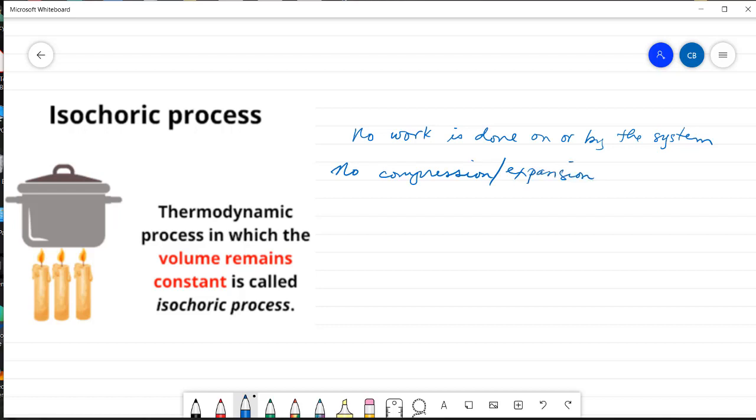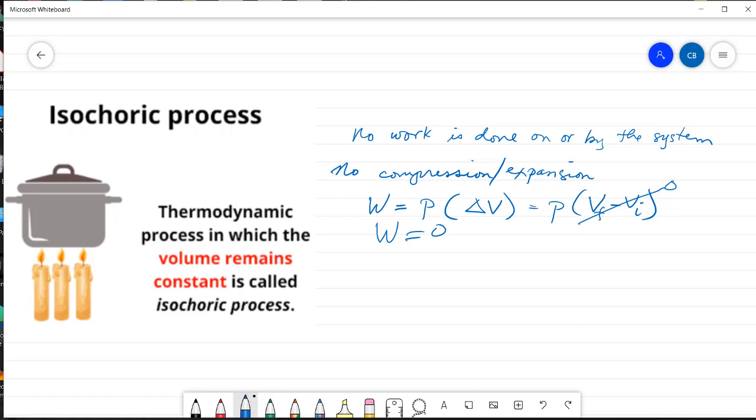As we saw in our previous lecture video, work is equal to P delta V, or pressure times the final volume minus the initial volume. Since there is no compression or expansion, this quantity is equal to 0. Therefore, work is equal to 0.